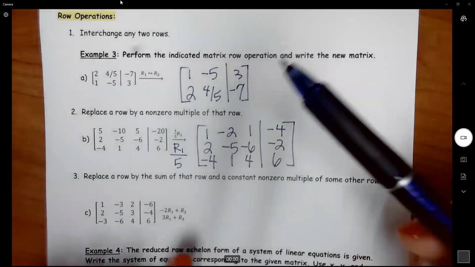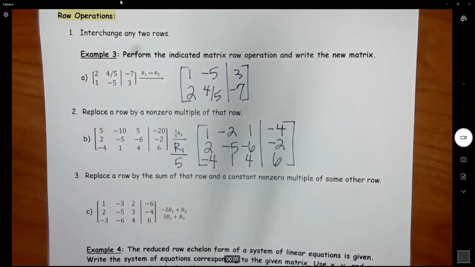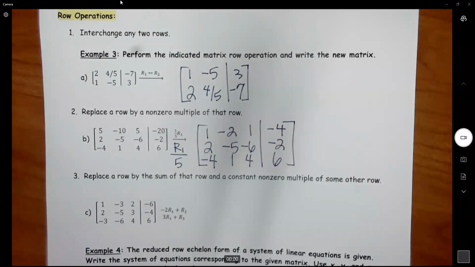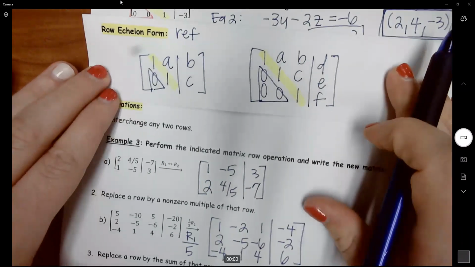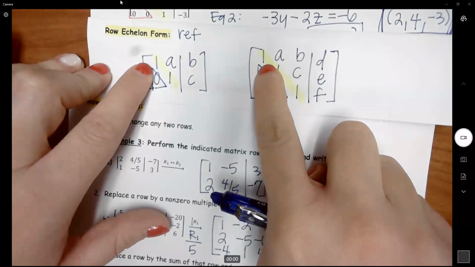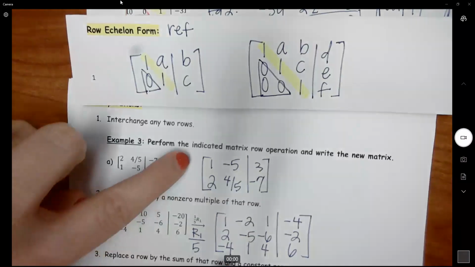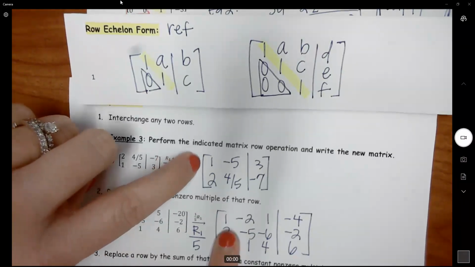You can see that if I was actually trying to get these into row echelon form, the first thing I need to do is get these ones in their correct spot. That's what we have done for both of these.